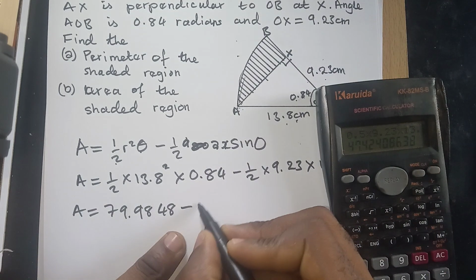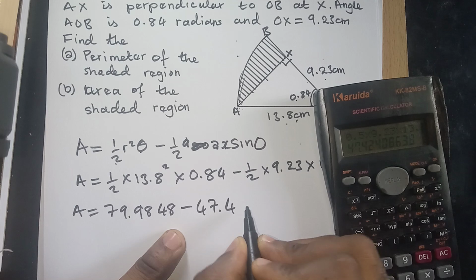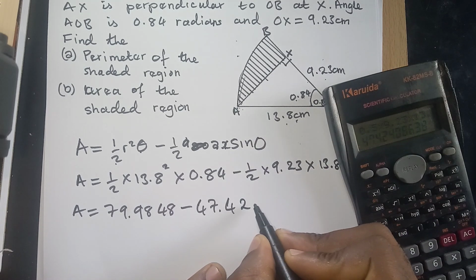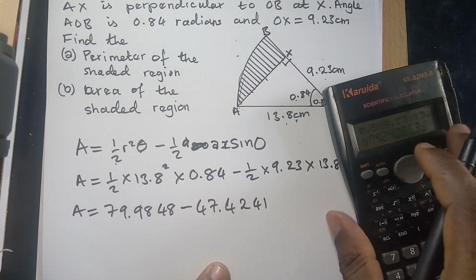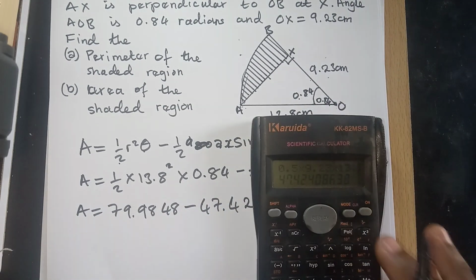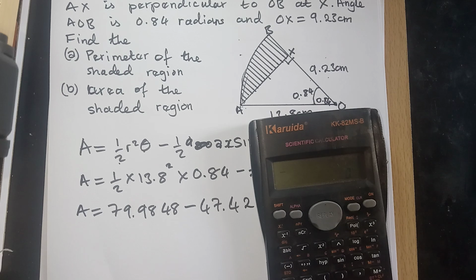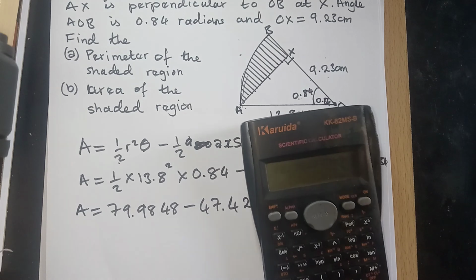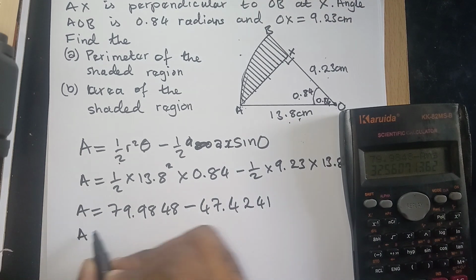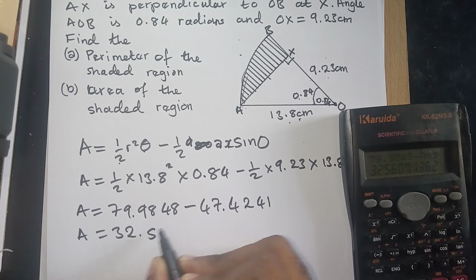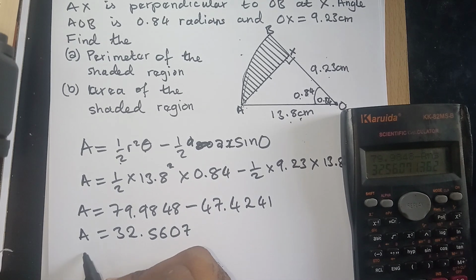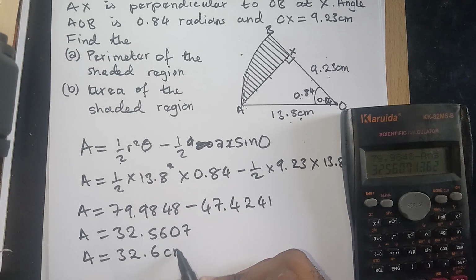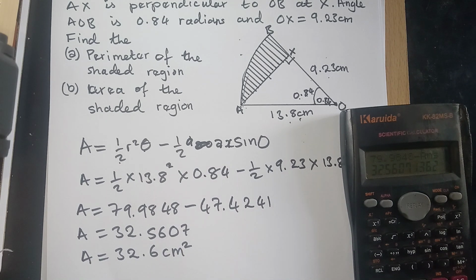Ensure that your calculator is in radian mode, otherwise your answers will not be correct. So now we can subtract: 79.9848 minus answer. This gives us 32.5607, which can be rounded off to 32.6. And since this is area, this will be in square centimeters, and you're done.